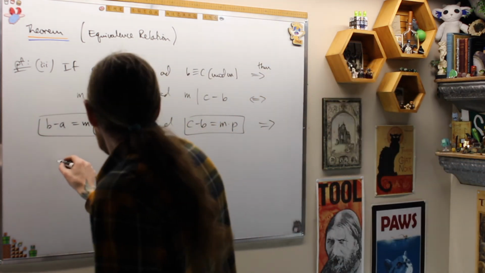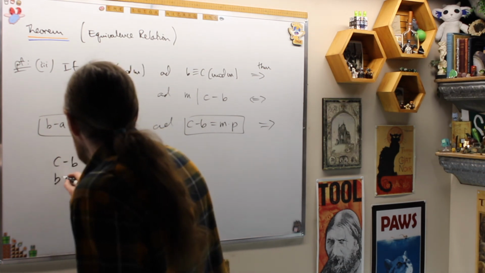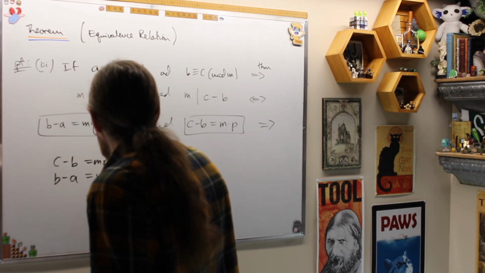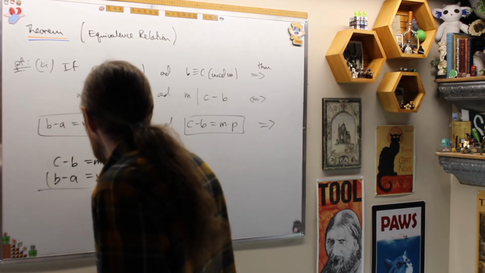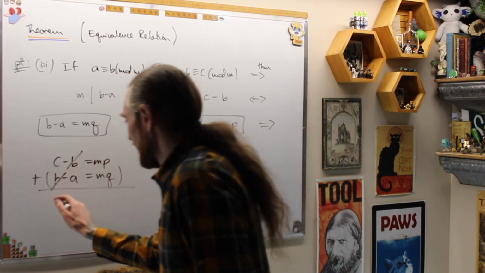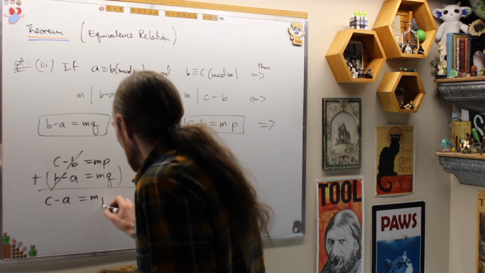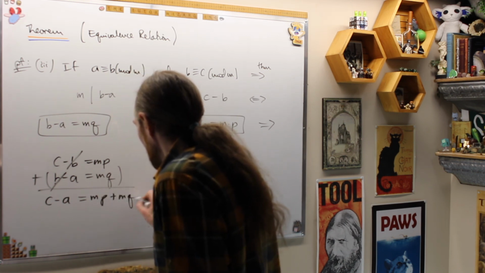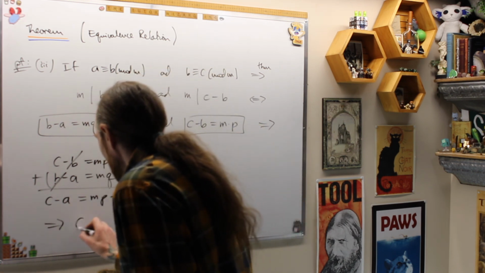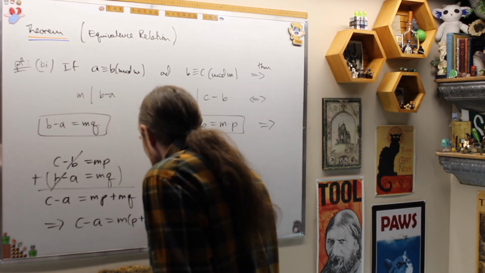If C minus B equals MP and B minus A equals MQ, and if we add these things, then these middle ones will cancel and we'll get C minus A is equal to MP plus MQ. And what that tells me is C minus A is equal to M times P plus Q.